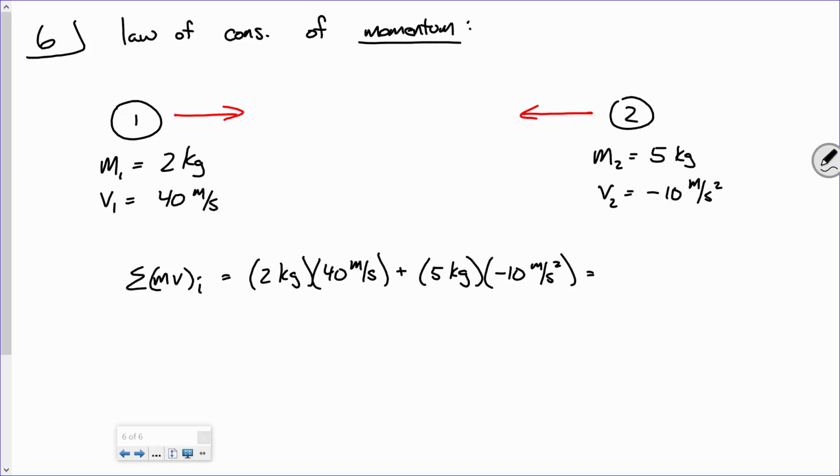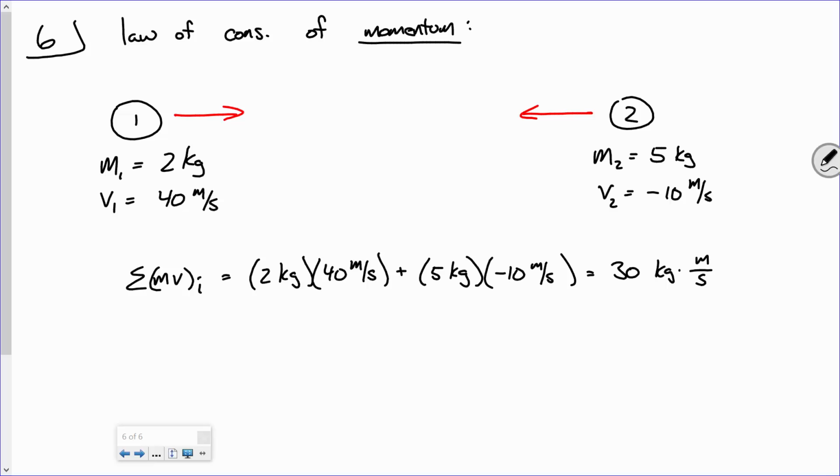I have that squared. That is not right. So that is what? 80, negative 50, 30. So which ball has more momentum? It's ball number 1, right?